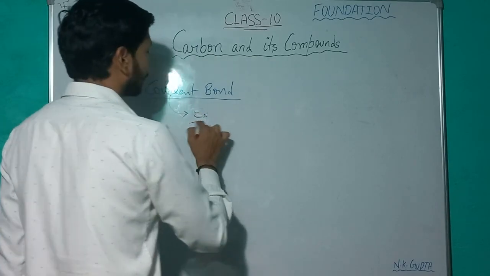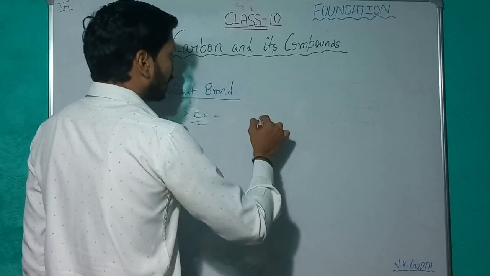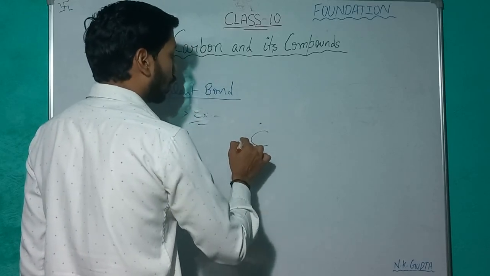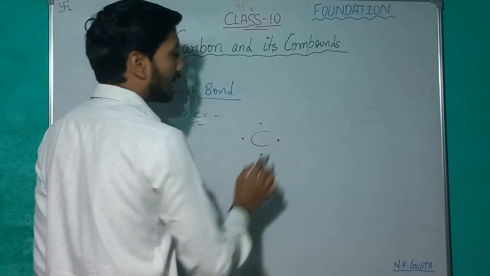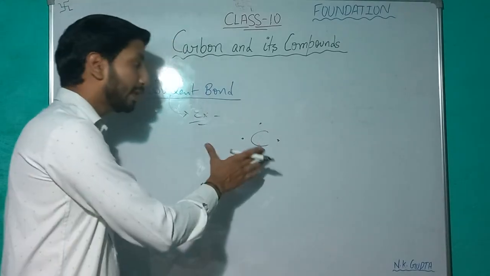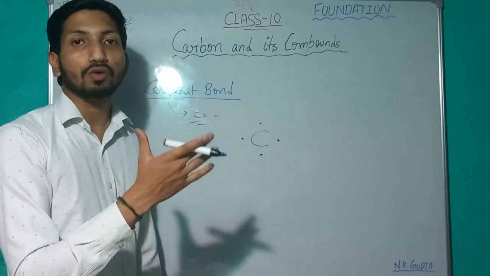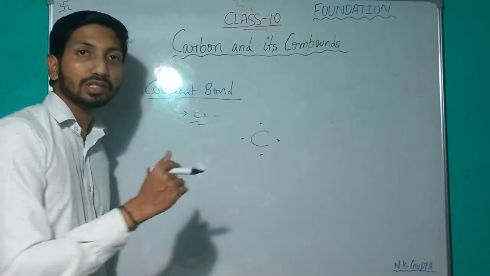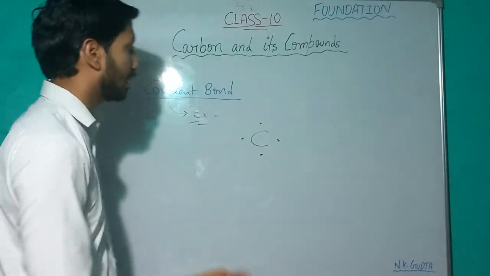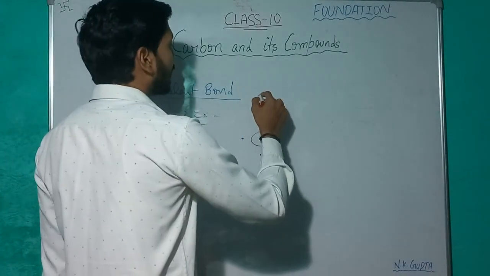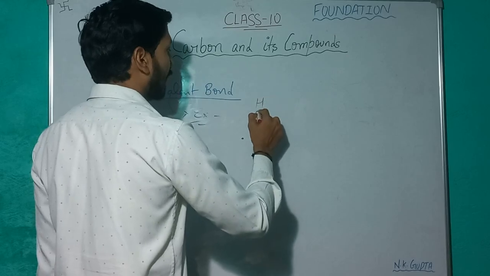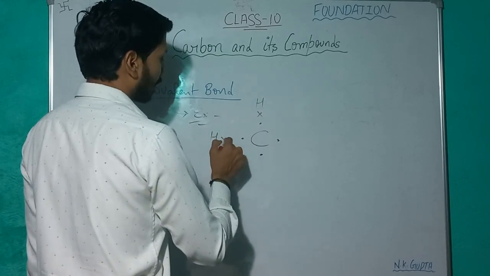Example: carbon has 4 electrons in its valence shell. Now it tries to attain the noble gas configuration, that is, it tries to complete its octet. It will complete its octet with the help of hydrogen.